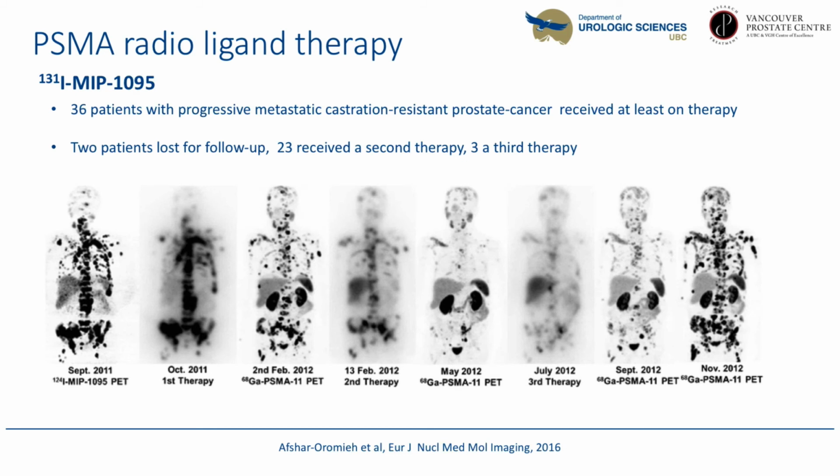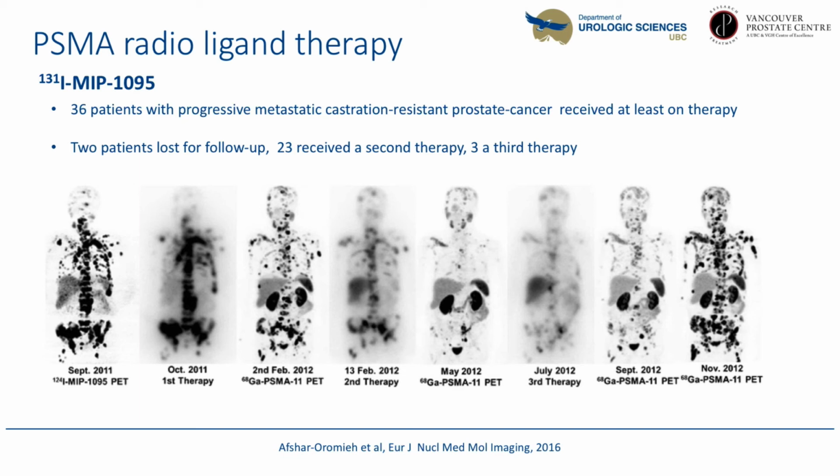Between 2011 and 2013, this radioactive compound was given to 36 patients with progressive metastatic castration-resistant prostate cancer. All of them, of course, received at least 1 cycle. 2 patients were lost to follow-up, 23 received a second therapy, and 3 a third therapy.